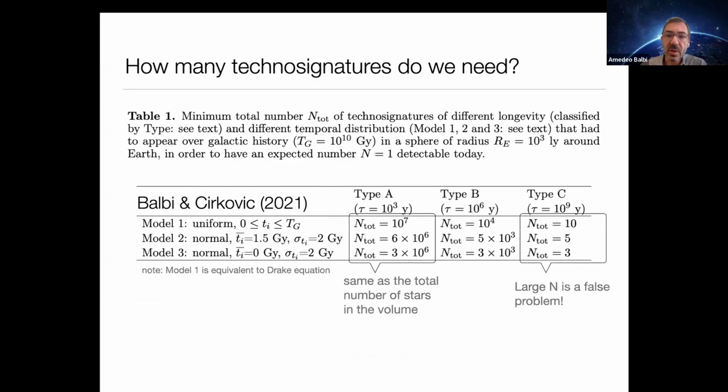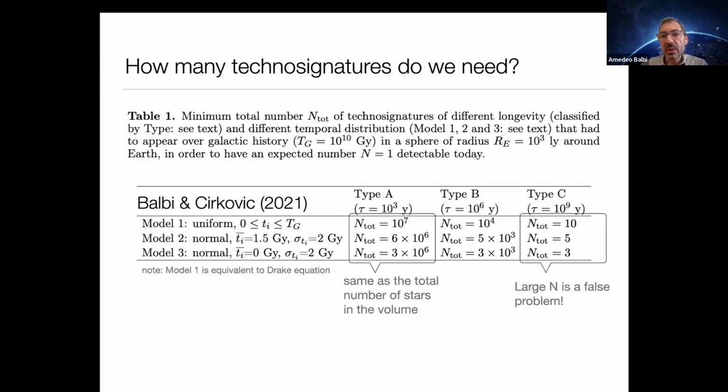Of course, we can also ask a different question based on this simulation: how many technosignatures do we need in the galaxy in order to have at least one detectable today? This depends a lot on the duration, because if you have short-lived technosignatures, then you need a huge number, almost the same as the total number of stars in the volume over the history of the galaxy.